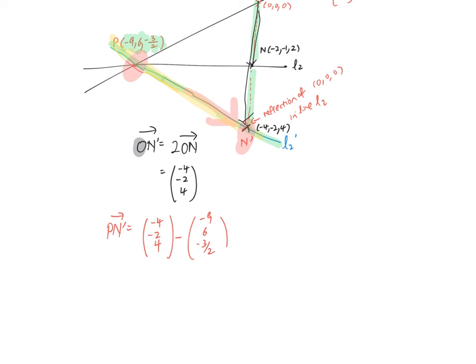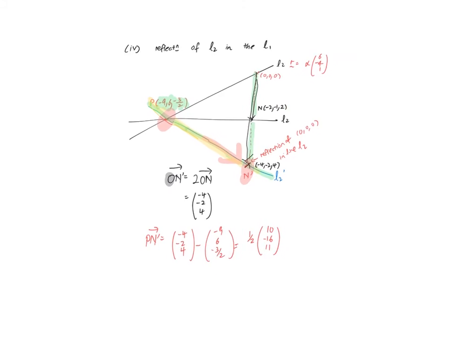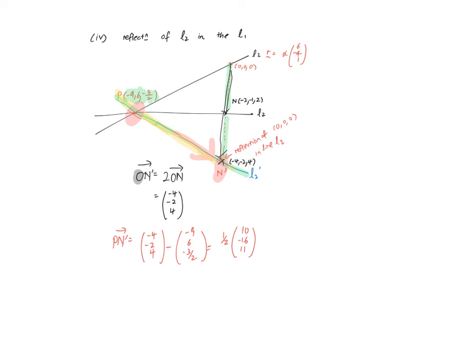Your direction vector should be basically half of, let me just simplify it, (10, -6, 11). This gives you the direction vector of the reflected line. So what I have found here is the direction vector of the reflected line. With that, we're almost done.